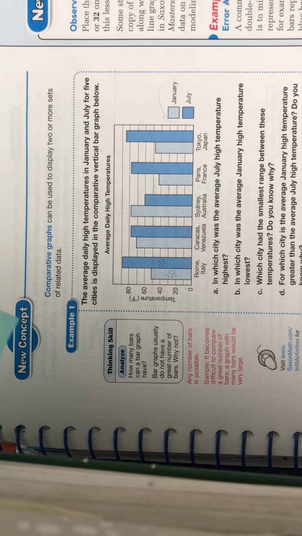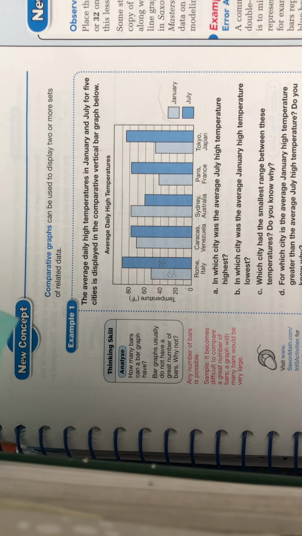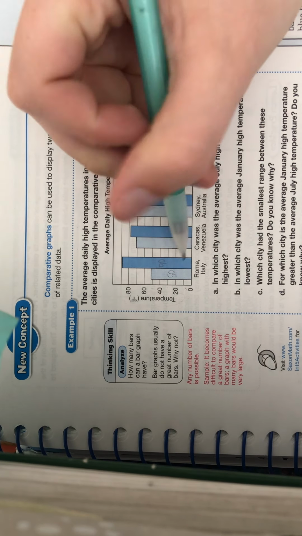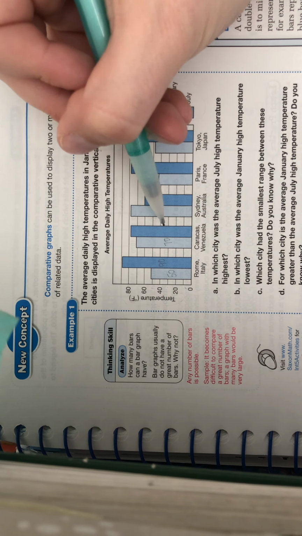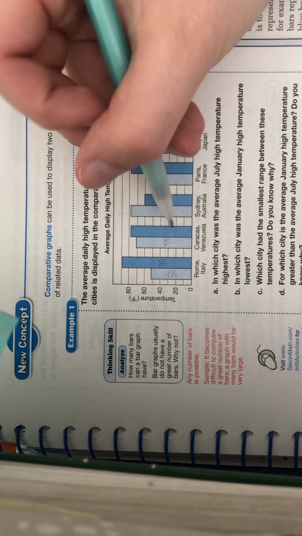You're not going back and forth, back and forth, because then it taxes your memory and all the numbers start to get jumbled together, and then it could be more confusing and more stressful for you. So Venezuela, very hot. January's average temperature was about 70 degrees, where July didn't change too much, but let's just round it up to about 80.